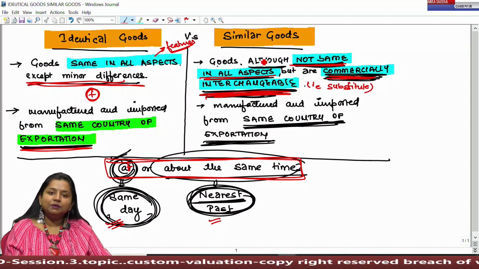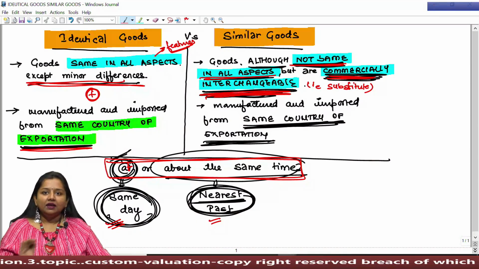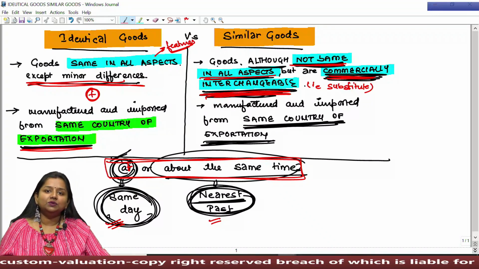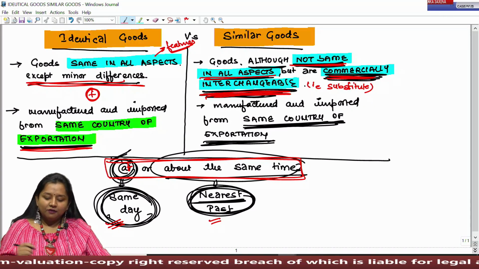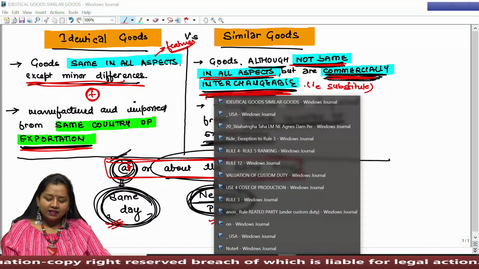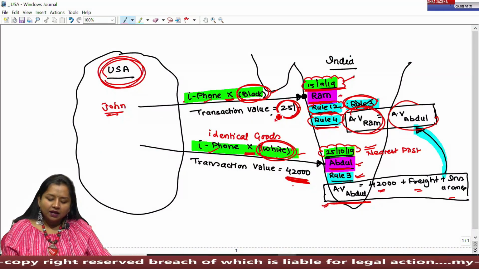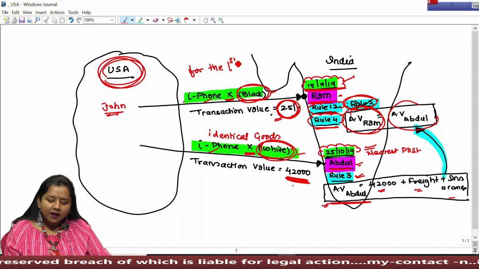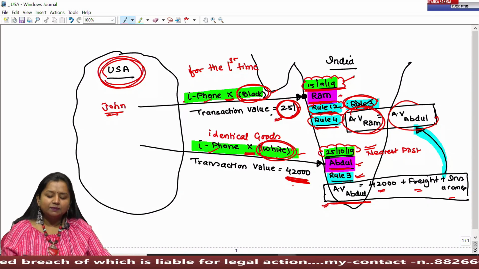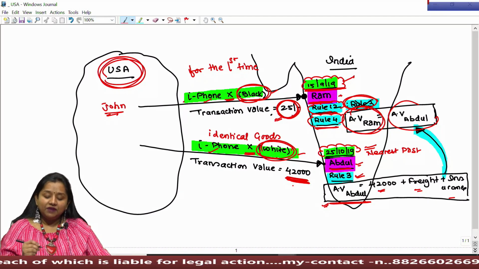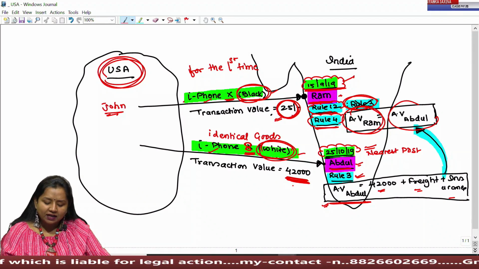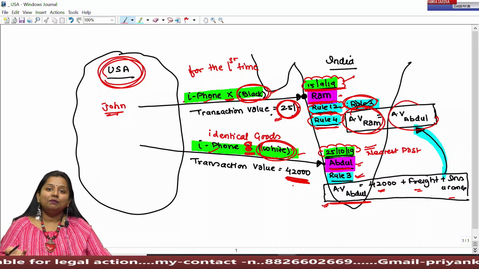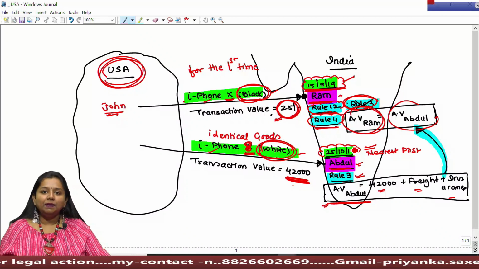It means that such goods must be substitutes. That is, if this particular item which is being imported in India was not being sold in India, then prior to that, which were the other substitute goods which could be sold in that place? For example, in the given example, Ram is importing iPhone X for the first time, and prior to this iPhone X was never imported in India, then we can consider the value of iPhone 8, which was commercially interchangeable, which was the substitute before iPhone X was imported by Abdul.